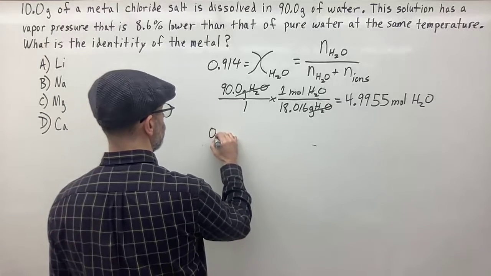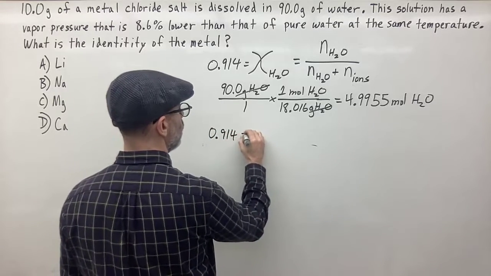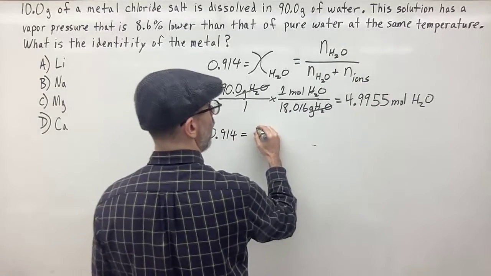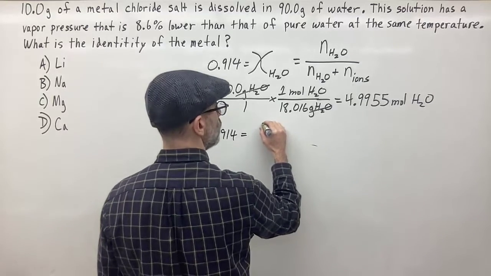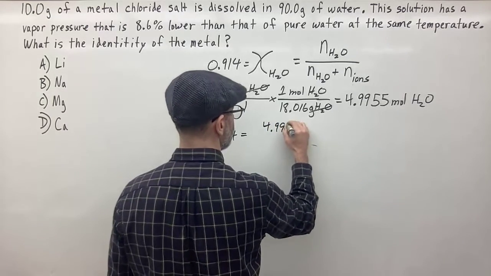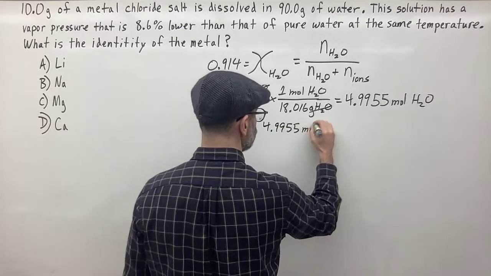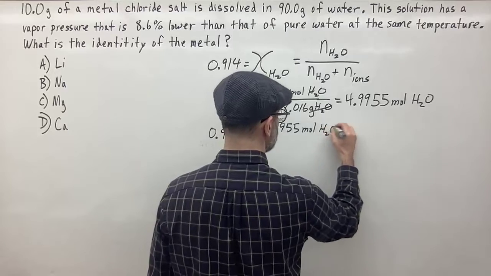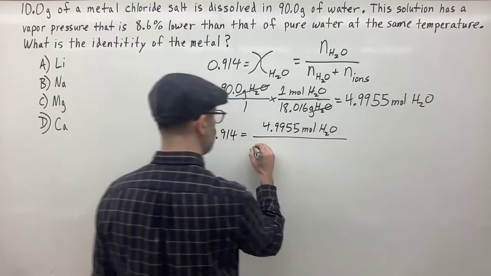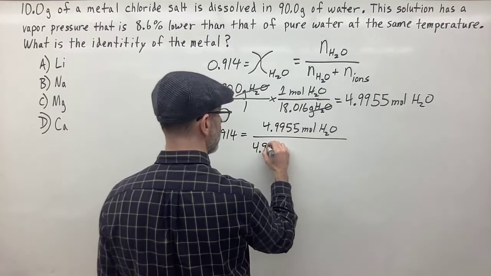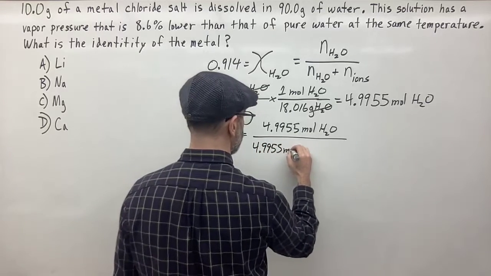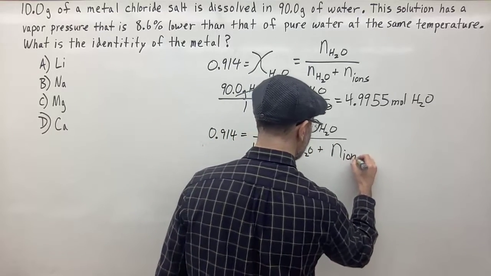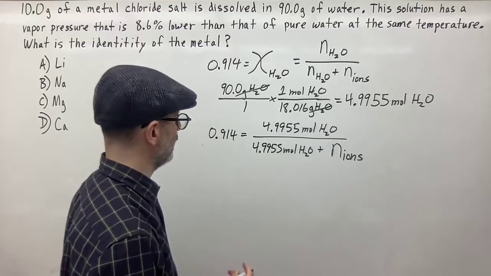So we'll have 0.914 is equal to, now this is going to be 4.9955 moles of water over 4.9955 moles of water plus the number of moles of the ions in the water or in the solution.